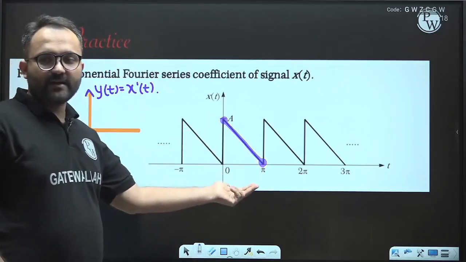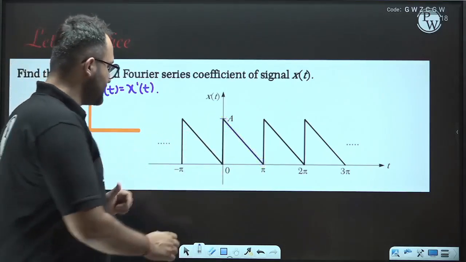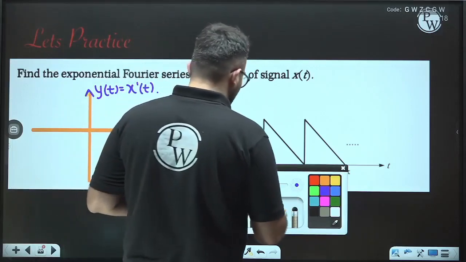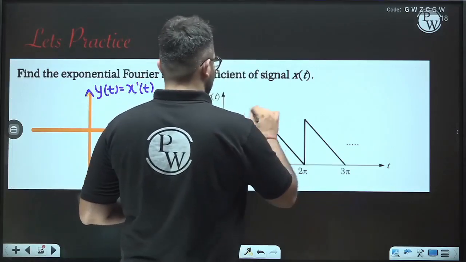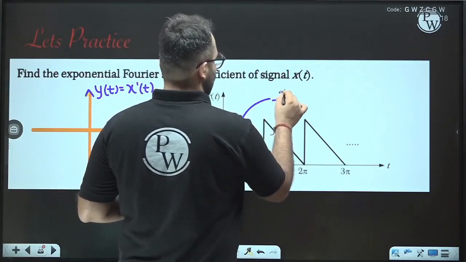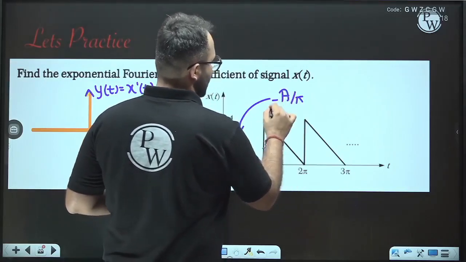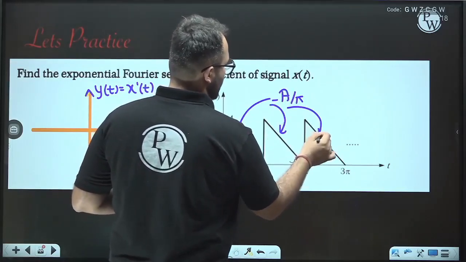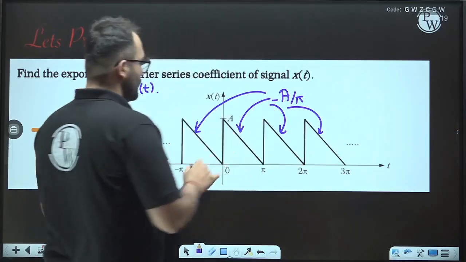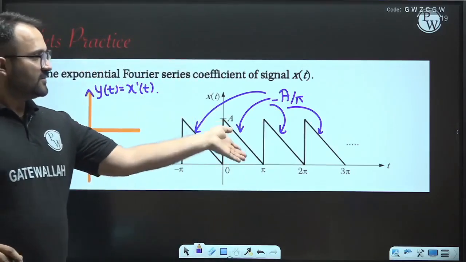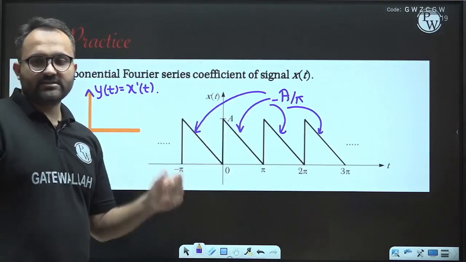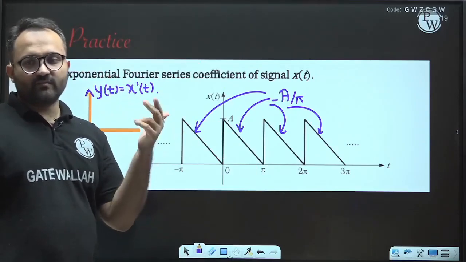Change in width is pi. So the differentiation will be equal to the slope of the line, that is minus a by pi. Here also, and here also. So in all these straight line regions, the slope is minus a by pi. The change in height is a and the width is pi.